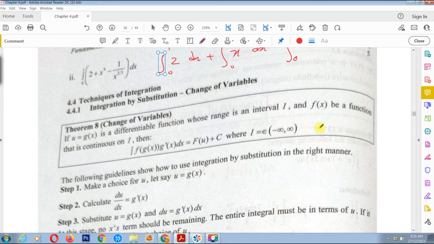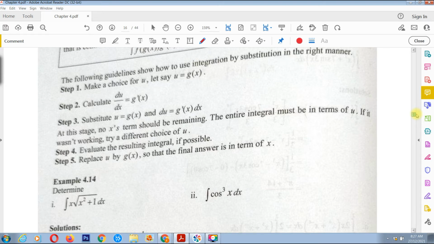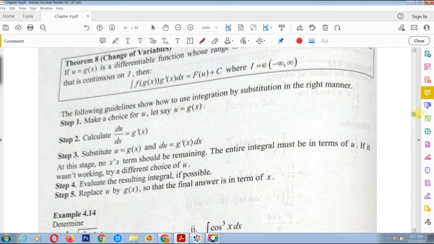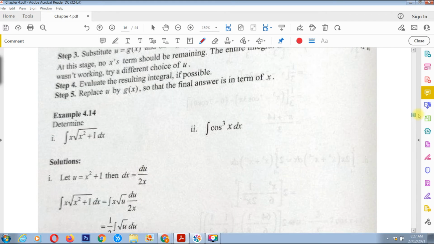Okay, so now we have a few techniques to make the integration easier. So we have integration by substitution, a change of variable. So we change the variable, we calculate du/dx, evaluate and replace u with g(x).